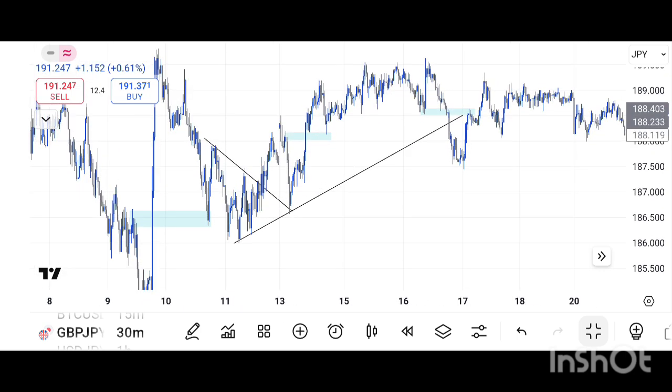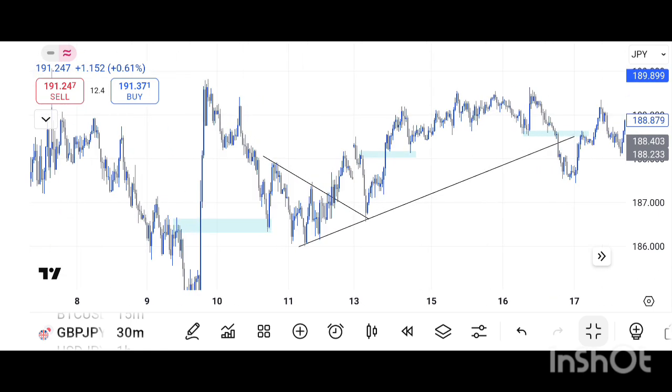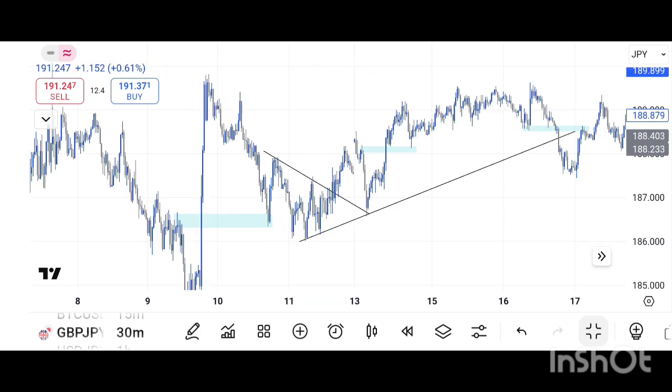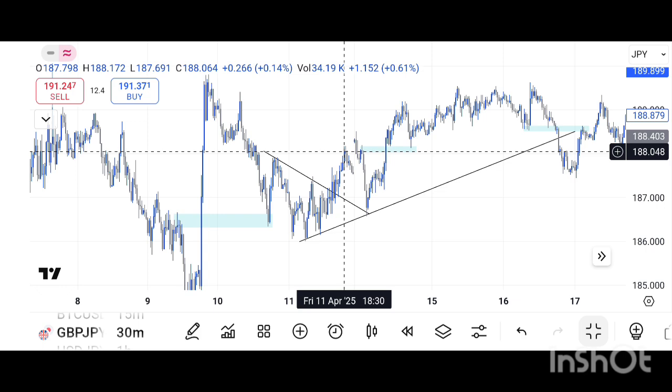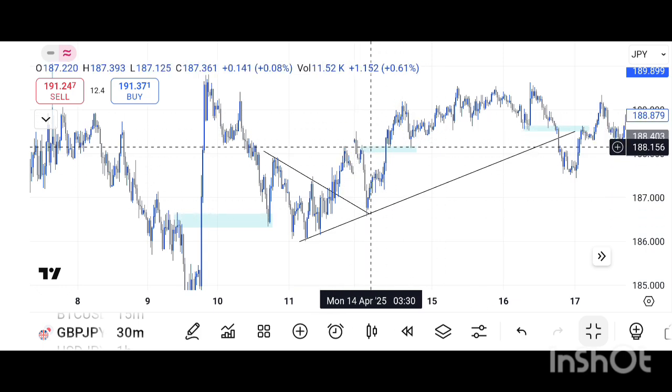All you need is simply make sure you're following the trend, or make sure you're trading counter trend. This works mostly for counter trend, but it also works for trend continuation. In this scenario, this is trend continuation because you can see the trend is going up. You're making higher highs, higher lows, higher highs, higher lows. So you try to follow the trend, use this as your point of interest to buy from.